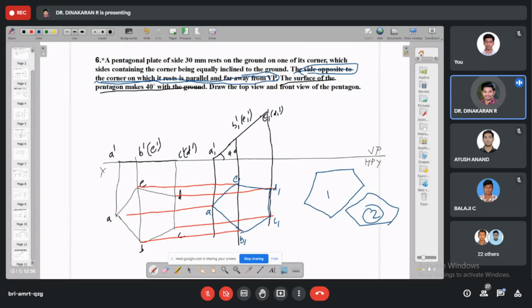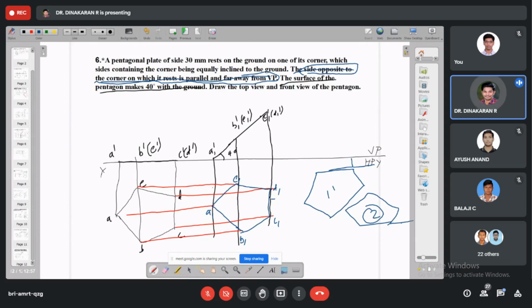The side opposite to the corner is C1 D1. That is the side opposite to the corner. If I place this also, the edge is parallel. This edge also is parallel. So which one is correct? In this case, they given far away from the VP. If I place the first one, what happens? If the second one, which one is far away?